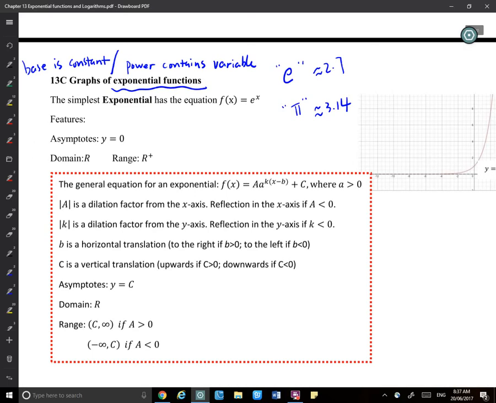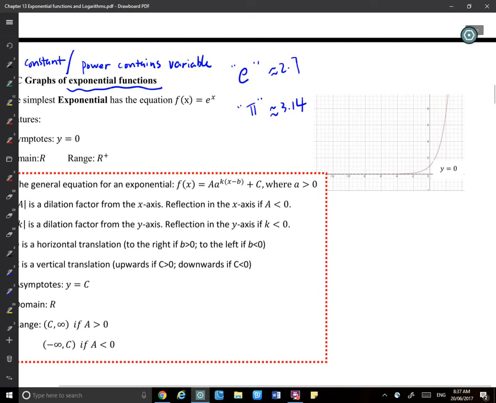For example, e is a constant number, and the power is x, the variable. So e to the power of x is the simplest form of an exponential function.